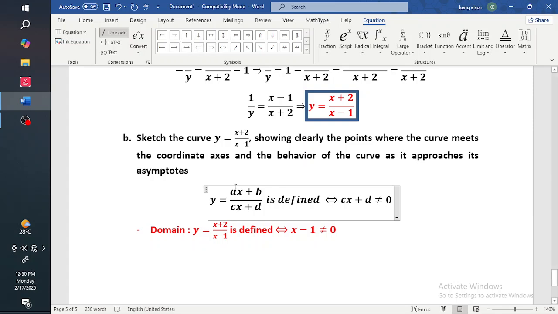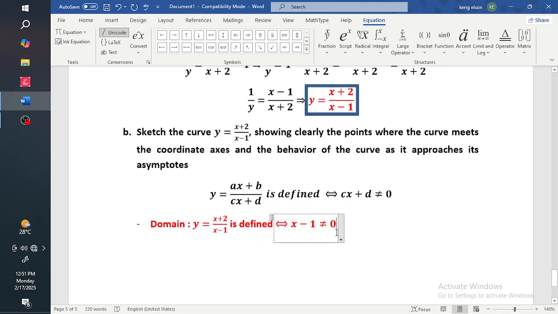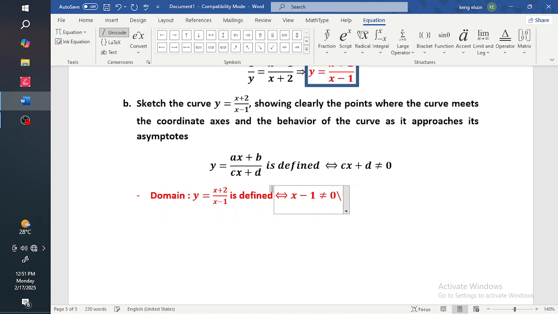Even if you had quadratic over quadratic or linear over quadratic, once it's a rational function, it is the ratio of two polynomials, and clearly the numerator will always be defined. So for the whole function to be defined, we just set the denominator not to be 0 and find the range of values of x. So in this case, x will not be equal to 1.